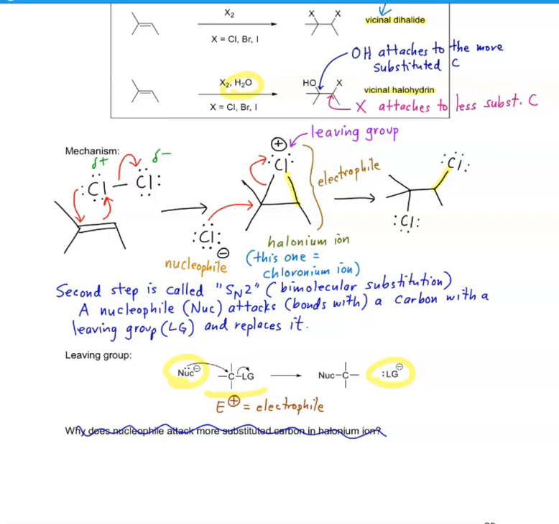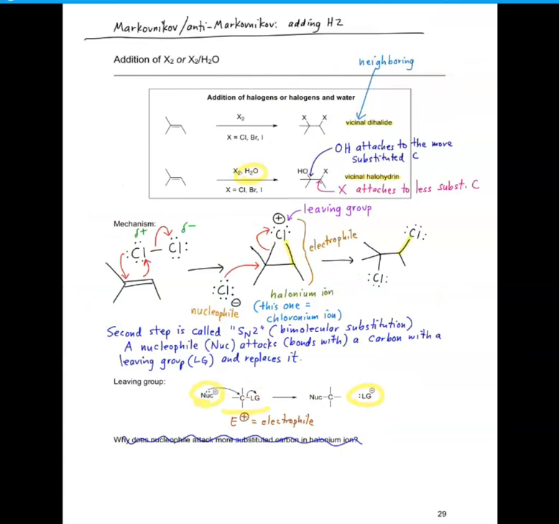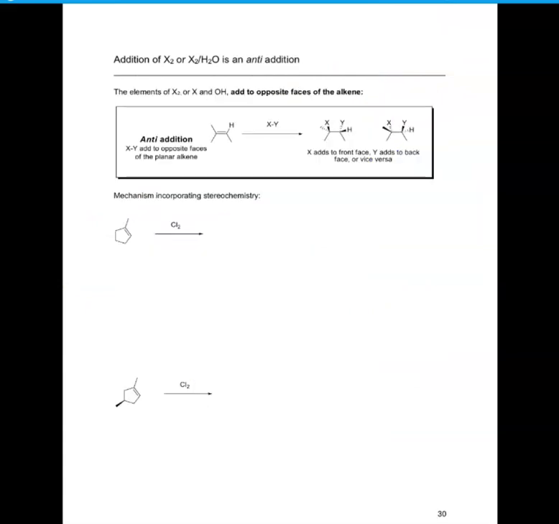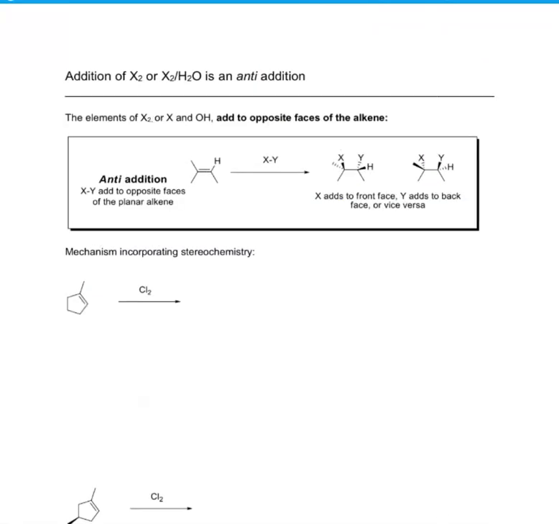So let's take a look at the stereochemical outcome of this. When we looked at hydroboration oxidation, we saw that that was what was called a syn addition. The H and the OH attached to the same face of the alkene, whether that was the front face or the back face. In this case, the addition of either halogen or halogen with water is called an anti-addition.